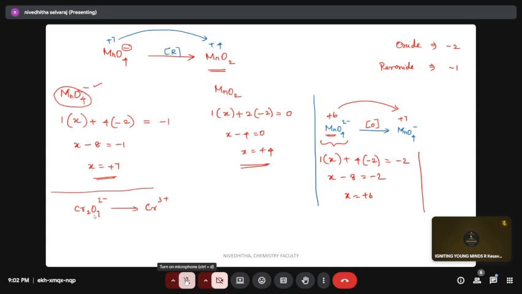Chromium. So, how many chromium do you have? Two chromium, and the oxidation state of chromium we don't know.